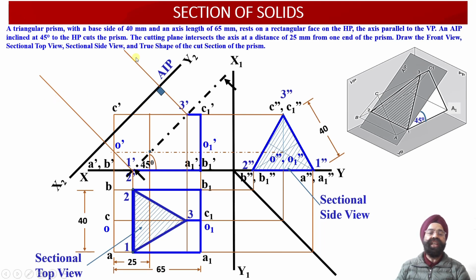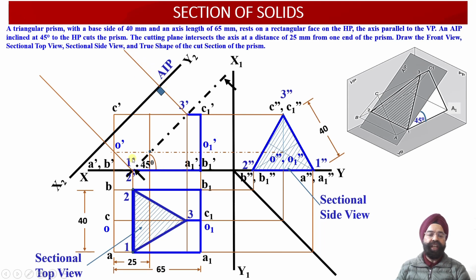this cut section into the auxiliary top view, because we know that onto an auxiliary inclined plane, auxiliary top view projections have to be derived. Now from 1 dash, 2 dash and 3 dash we have drawn perpendicular projectors onto this auxiliary inclined plane X2, Y2.